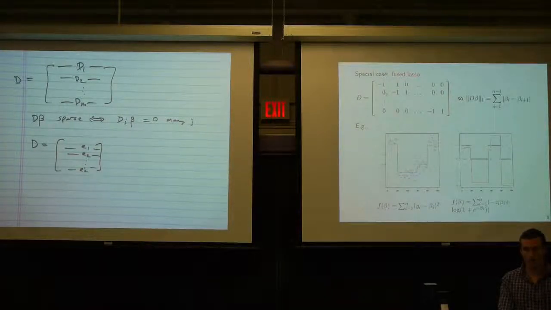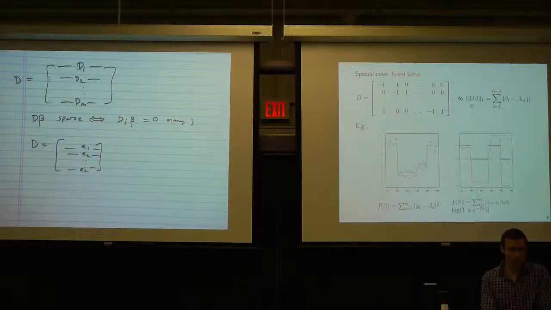Right? So if I take the inner product of beta with these rows, most of them are 0. It just means that beta i plus 1 minus beta i is 0 for most i. So the L1 norm of D times beta is the sum of the absolute values of beta i minus beta i plus 1.